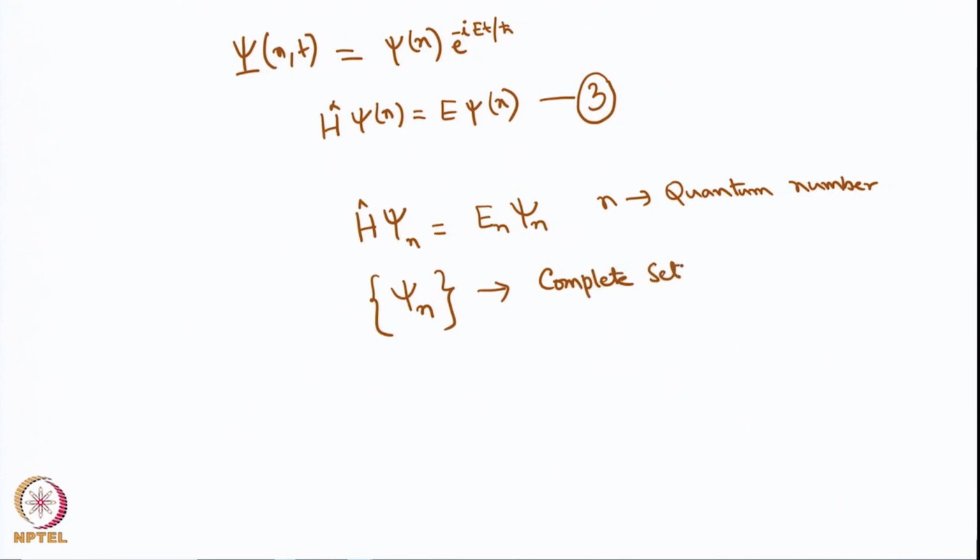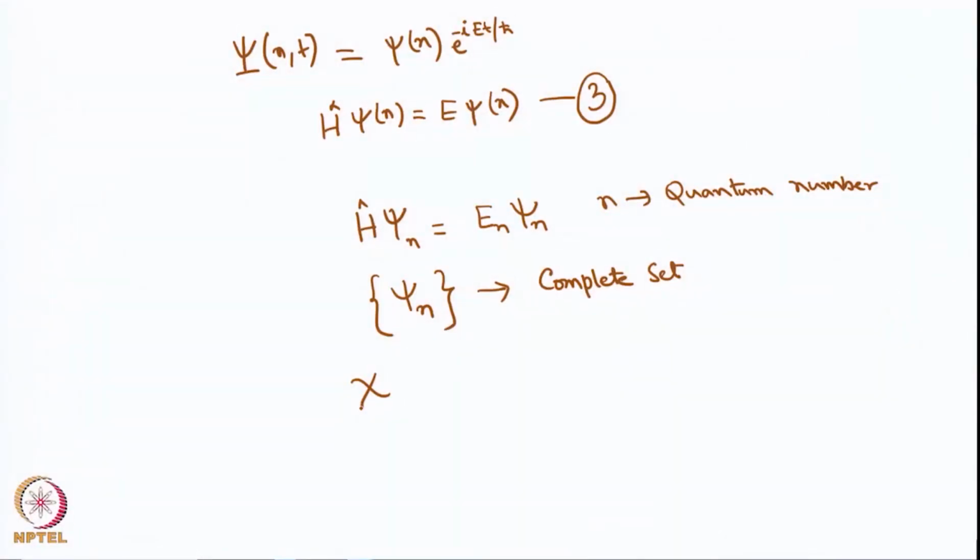This complete set simply means that any arbitrary function chi of x can be written as a summation over i of C i psi i of x. So, any arbitrary function can be written as a linear combination of elements of this complete set.